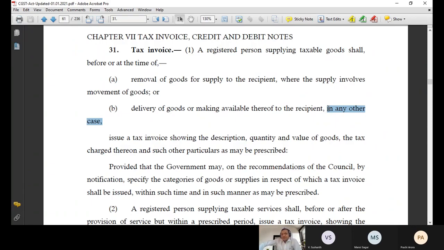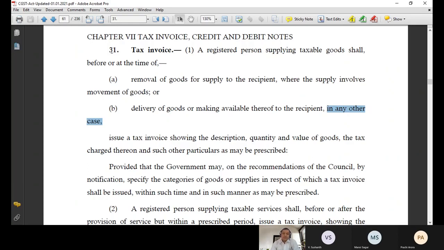So in that case, raw materials might be moved, but as a recipient, I'm not purchasing raw material. I need a finalized, ready machine. So in installation of machine, logically you can think that movement of goods is not involved, only delivery will happen. So in both the cases, what is the concept?